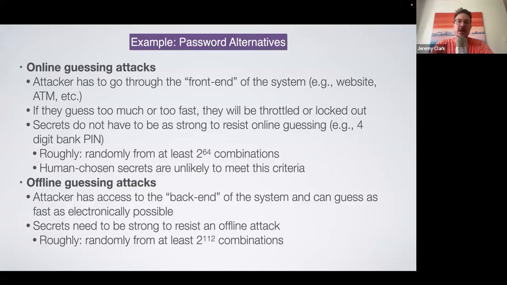Okay. So roughly we say that if it resists online guessing, the number of combinations that people are likely to choose randomly from would be about, I just kind of made this number up, but it's roughly correct, something like 2 to the 64. So this is an enormous number, but it's not so enormous that a computer trying all combinations as fast as it could couldn't crack it in a week, month, year kind of thing.